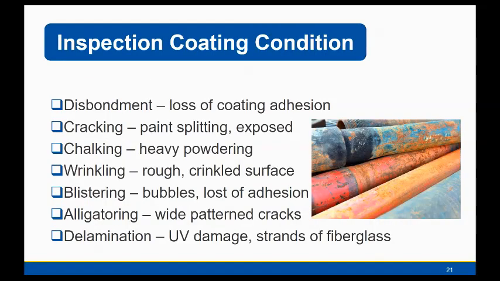So some of the coating conditions of what you need to look for, all sorts of different ways of describing it. But again, we have definitions of what that would be. So disbondment, I know, gets called out a lot. In here, we're really just looking for loss of coating adhesion.